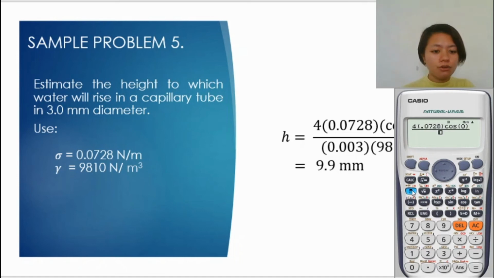So all over atong diameter in terms of millimeter man ni siya no, so ato siya i-convert into meter. So 3 over 1,000 millimeter to meter, then times 9,810 nga ato ang unit weight.